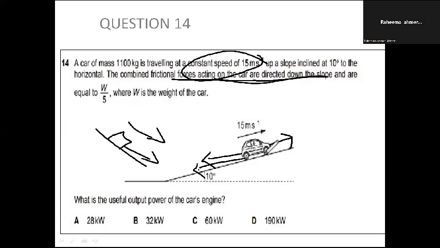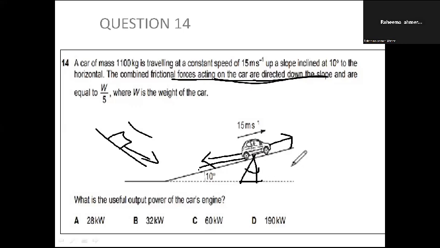That is this car. So this is its vertical component and this is its horizontal component. And this is the 10 degree angle which is provided to us. So to find the horizontal component, as you can see, the horizontal component is opposite to the angle provided, and we are provided with the hypotenuse. This is actually the right angle triangle drawn here. The hypotenuse is the weight of the car, and we have to find the horizontal component.